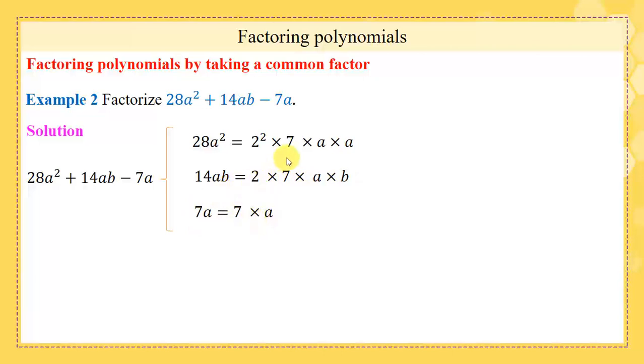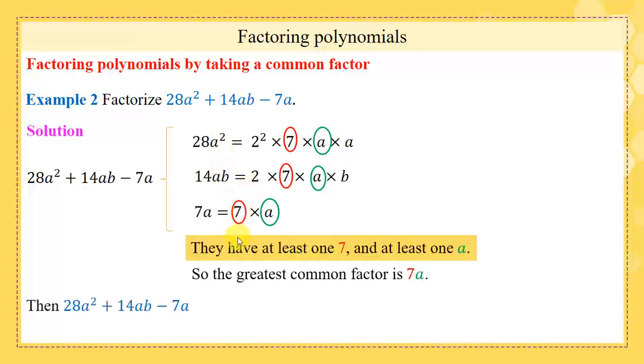The common factor among coefficients is clearly 7, since 7 is the common divisor of 7, 14, and 28. The common factor among variables is a, since for a squared and a, the common one is the lowest exponent, which is a. b is not common among the three monomials. So the greatest common factor is 7a.